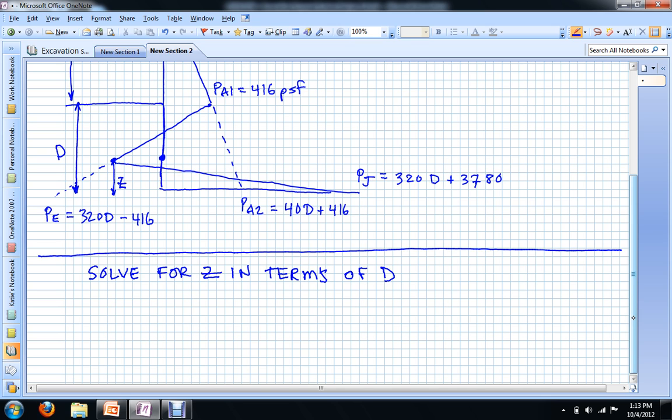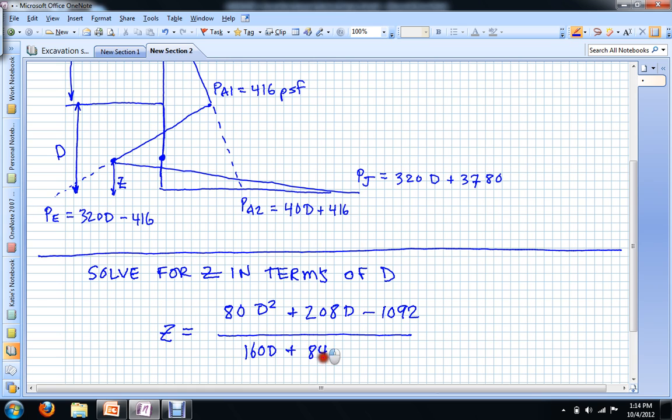What you're going to ultimately do is solve that equation for Z, and what you'll end up with as a check is Z equals 80D squared plus 208D minus 1092 all over 160D plus 841.